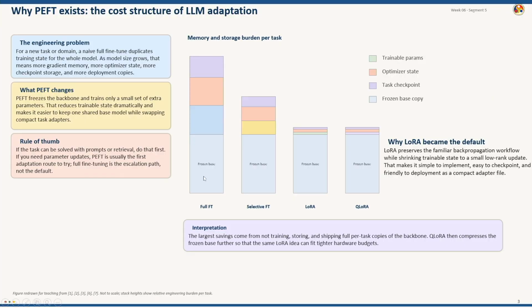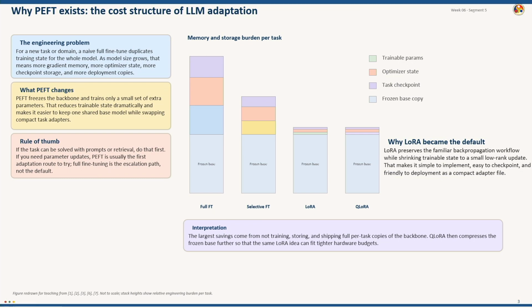Now in this case we are trying to see how the parameters are getting fine tuned. The base parameters, which are the pre-trained parameters, are frozen across the methods that you see here, be it full fine tuning, selective, LoRA or QLoRA.